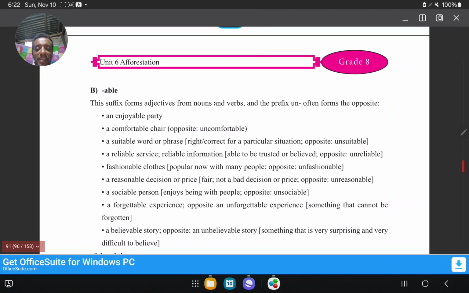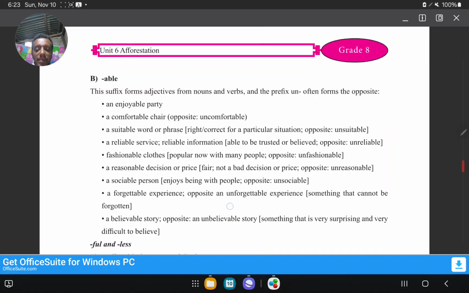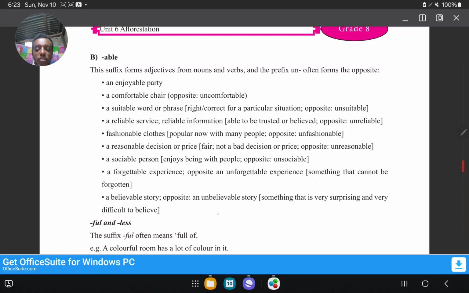Able ቅድም ነግሬያችኋለሁ: enjoyable, comfortable, suitable, reliable, fashionable, yeah, sociable. እነዚህ የመሳሰሉትን ልታጠኗቸው ትችላላችሁ by the way uncomfortable, here is, let me show you.